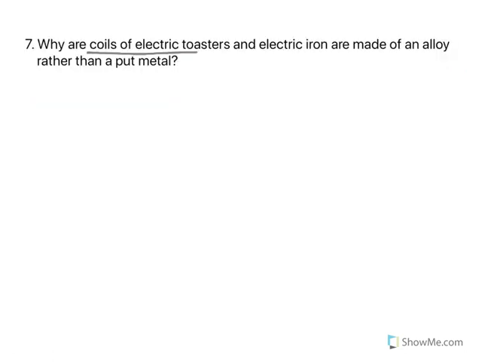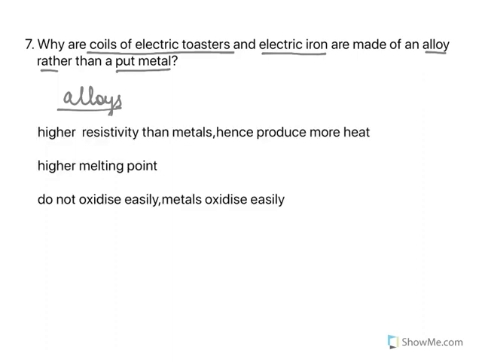The coils of electric toasters and electric irons are made of alloys rather than pure metals. The reason is that alloys have high resistivity, they have a high melting point, and they do not oxidize easily.